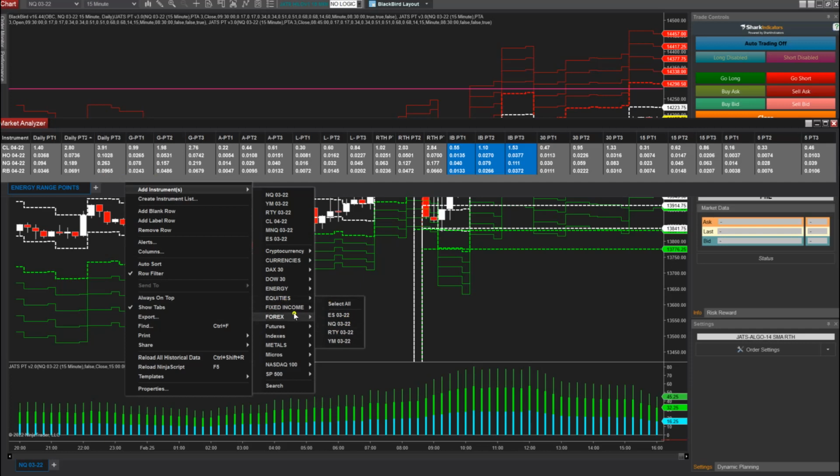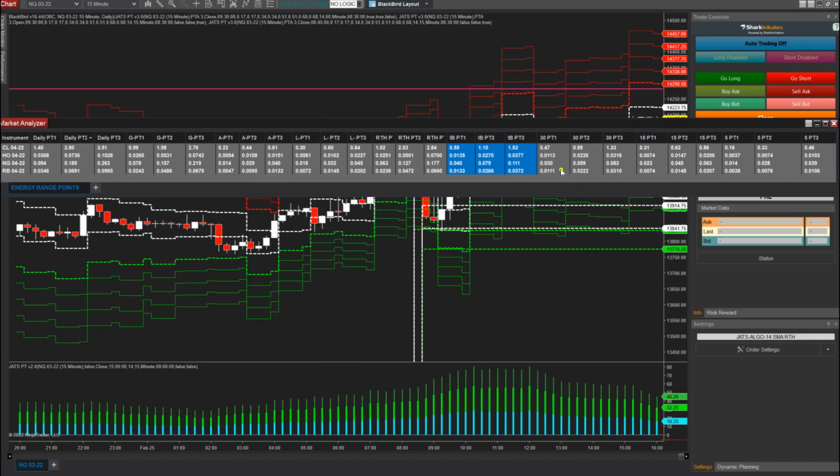You can define your instruments that you want to put in there and run these ranges automatically, knowing at a glance where you are in these markets and what to look for from the market open. Where are your daily ranges going to be up and down?